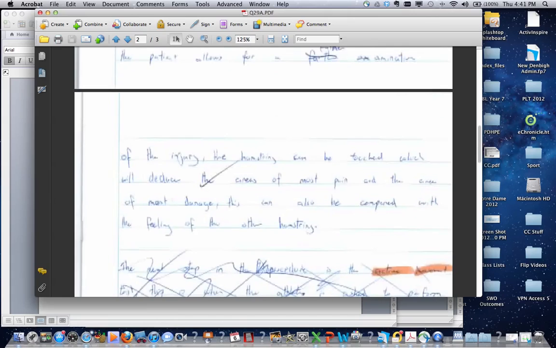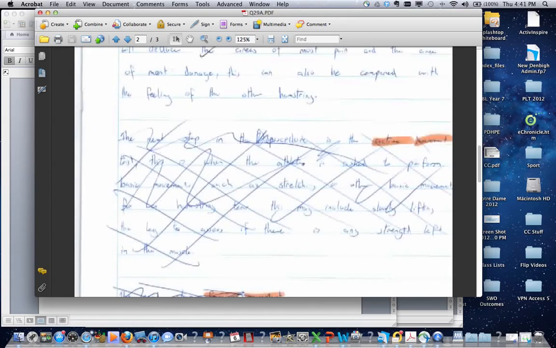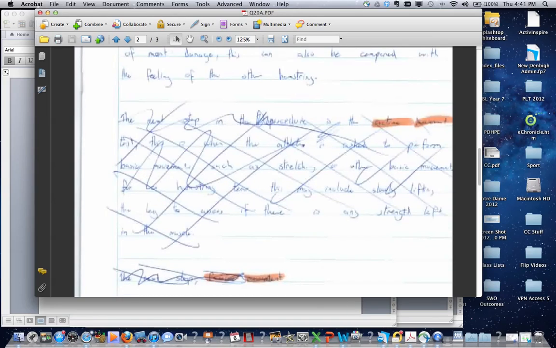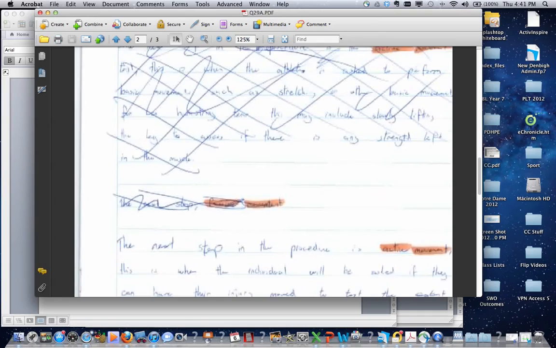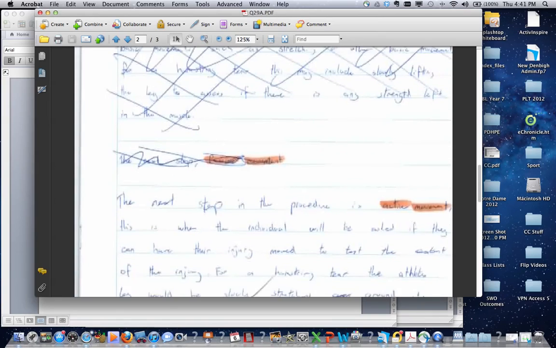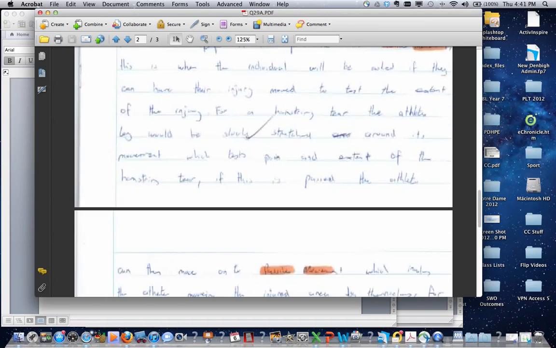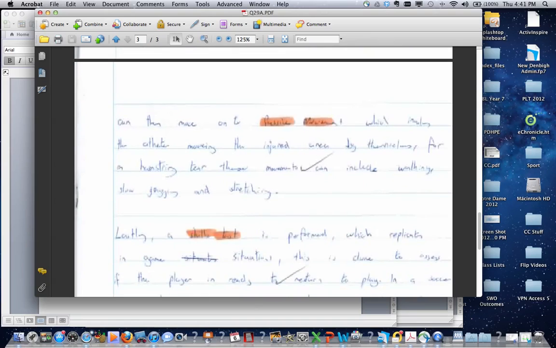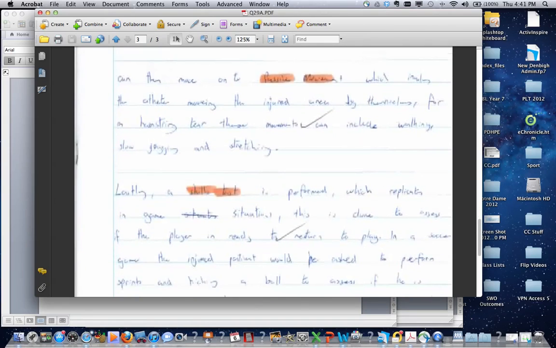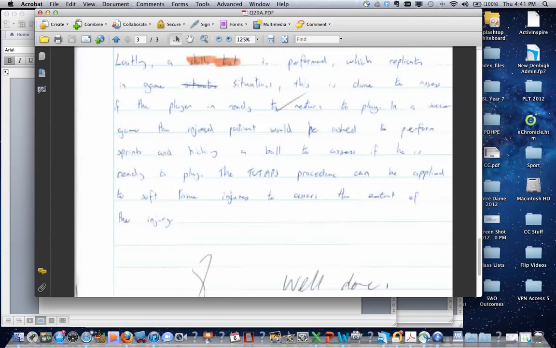The touch, you can see in this answer they've made a change of tack, and that's okay if you do that. The marker will probably still have a look at it, but that's fine. You won't lose marks if you make an adjustment there. Active movement is discussed here, very clearly pointed out. The passive movement, the progression there, and lastly the skills test, again in relation to the hamstring injury.